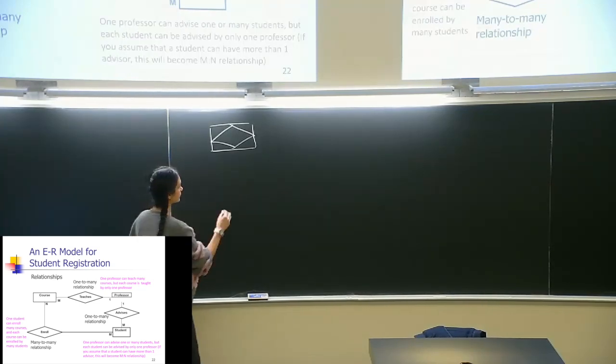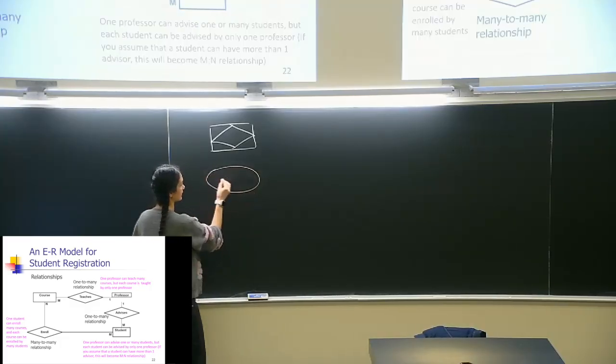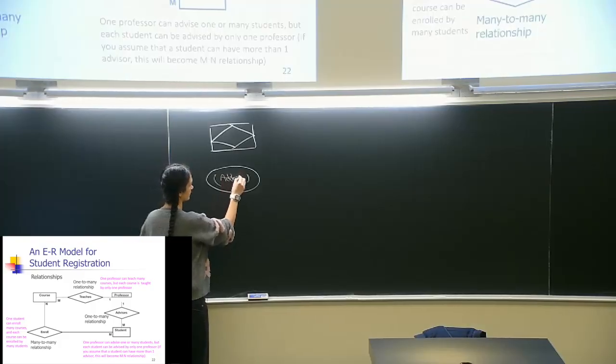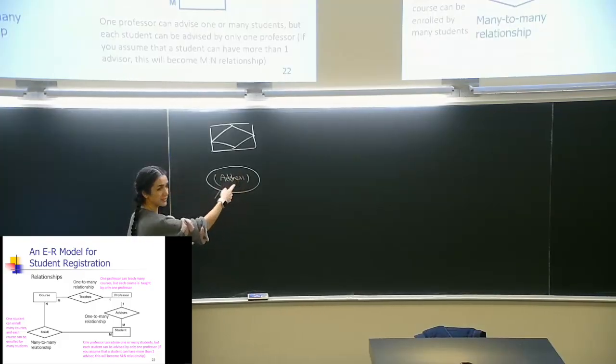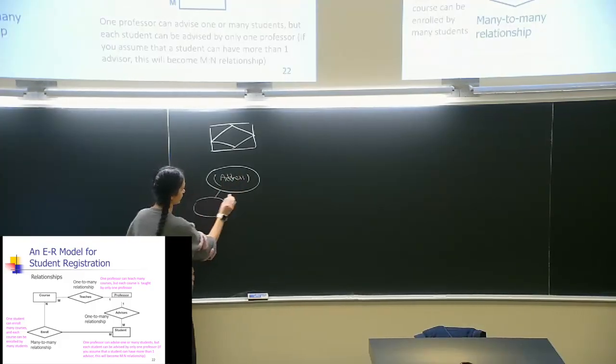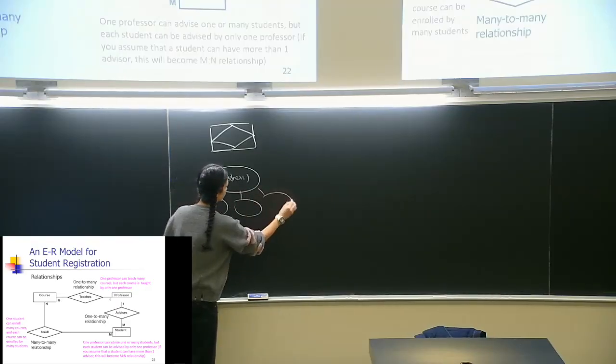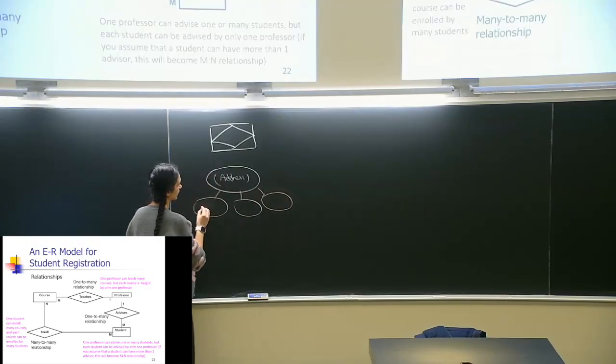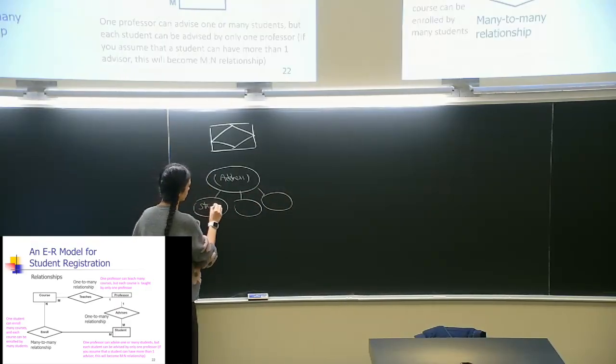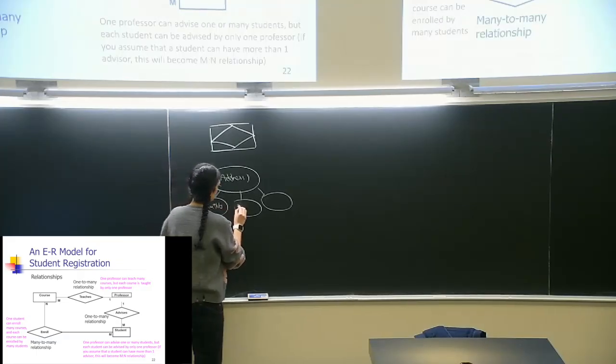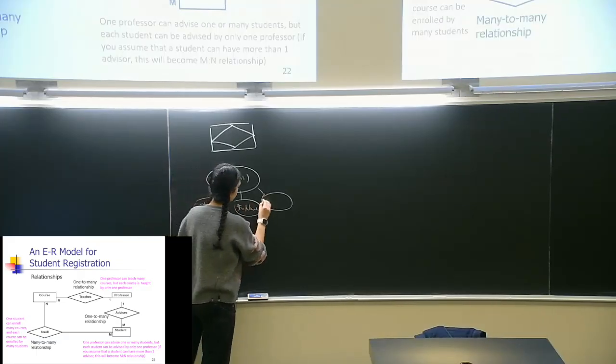Composite attribute. What is composite attribute? This is composite attribute, like for example, address, right? Then it means that it is composed of several other attributes, like a street number, a street name, maybe zip code, and so on.